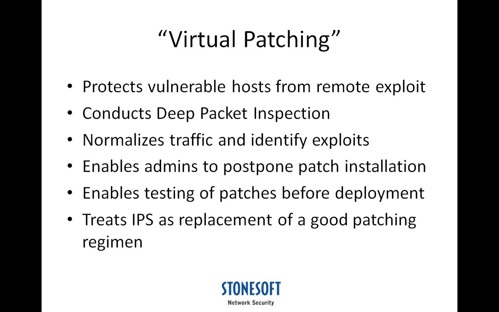And normalization works really, really well at one layer of the protocol stack at a time. So if an evasion is taking place, say for MSRPC, for example, or let's say there's an evasion with packet fragmentation or something of that nature, if there's one instance of an evasion occurring at any given time, it's quite easy to normalize that traffic and identify an exploit.